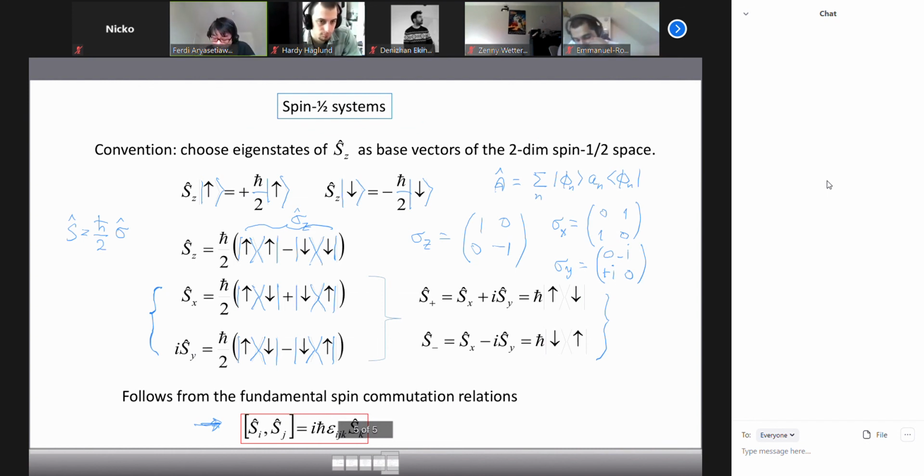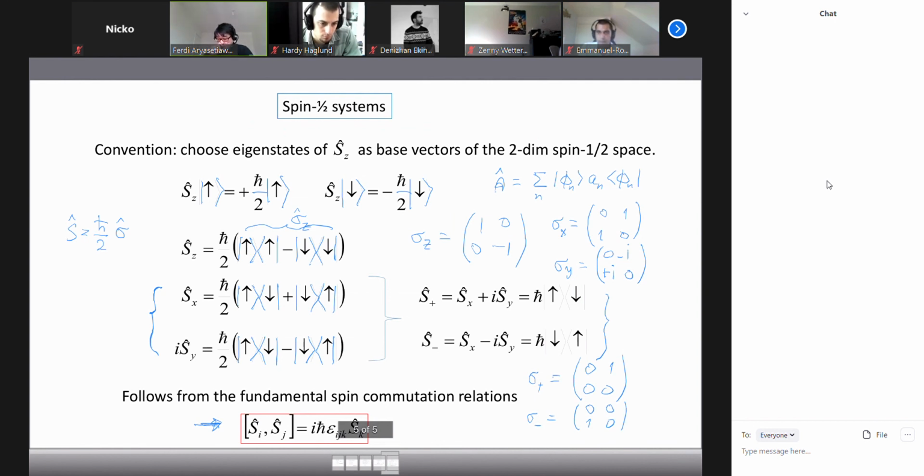And S plus is particularly a simple form. So if we look at the S plus here, then it will have this matrix representation, and sigma minus would have like that.